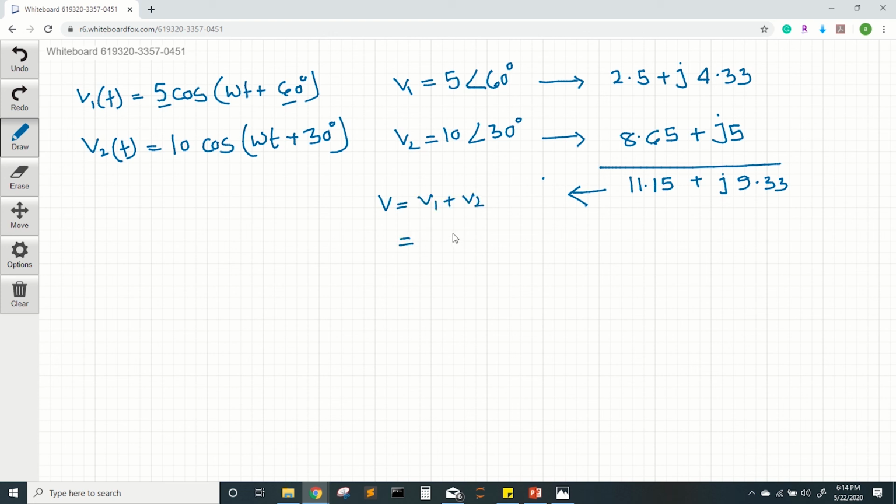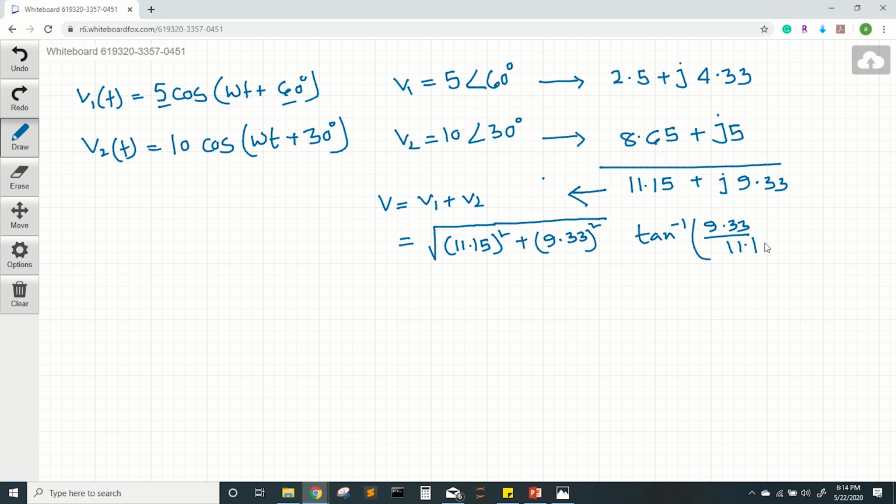So V is equal to, here we have to do a little calculation: square root of 11.15 square plus 9.33 square, and the angle is tan inverse of 9.33 divided by 11.15. It will come to 14.54 at 39.92 degrees.